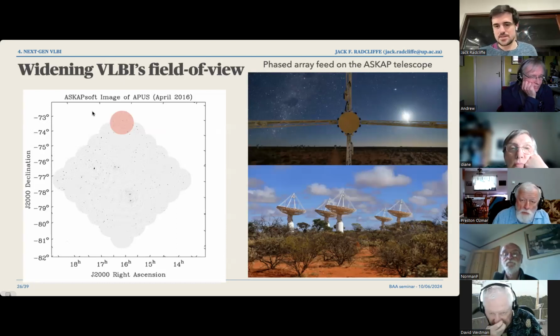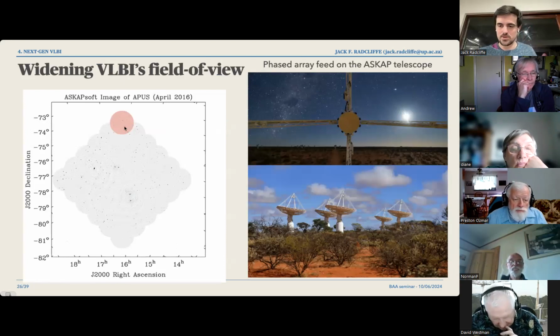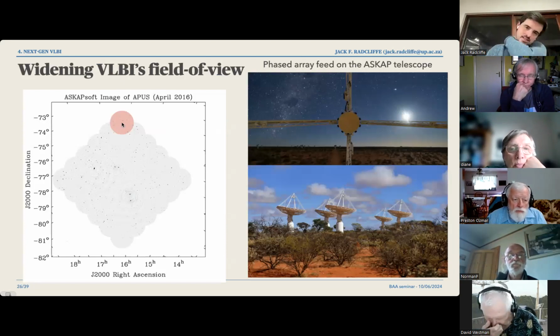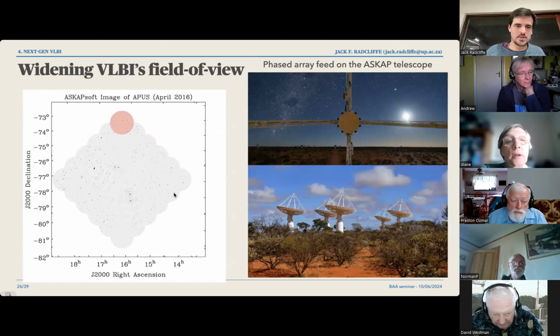And this allows us, instead of looking at a single field of view, which for the ASKAP telescope in this image on the left would be the red circle here, that would be all that you could see in one observation. We instead can see a much, much larger field of view here. I think each one of these is about 4 moon widths across, if I remember right. So it's a few degrees across.